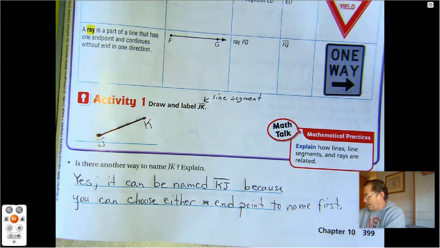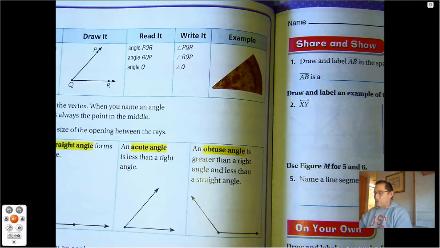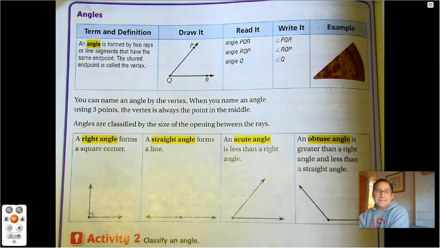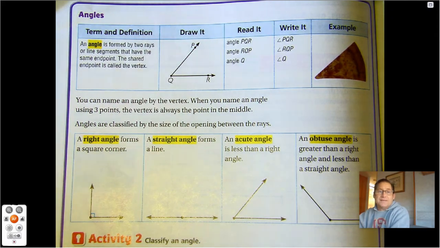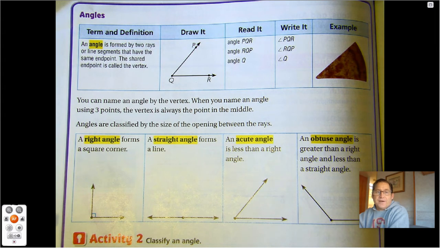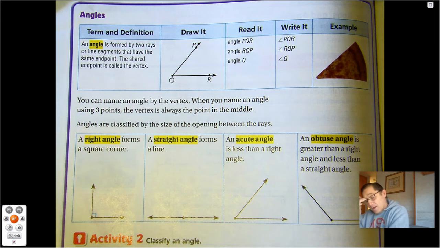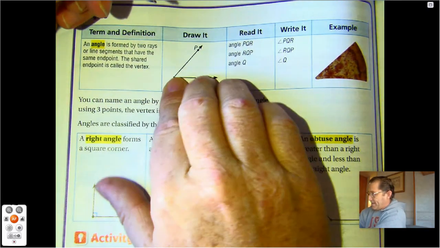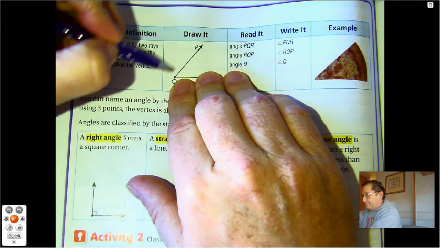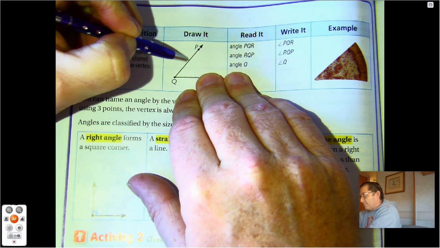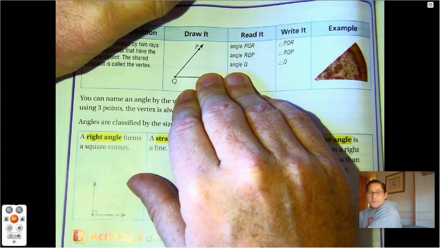All right. Page 400. So, an angle. An angle is formed by 2 rays or line segments that have the same endpoint. The shared endpoint is called the vertex. If I just had QP, that would be a ray, right? Because it has a definite endpoint, Q, and it goes on forever continuously in this direction.